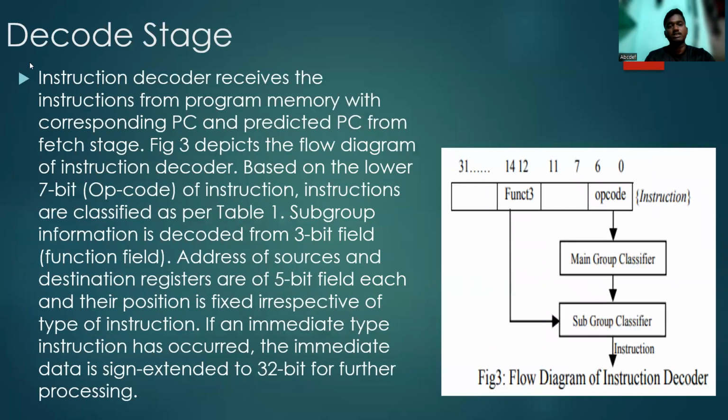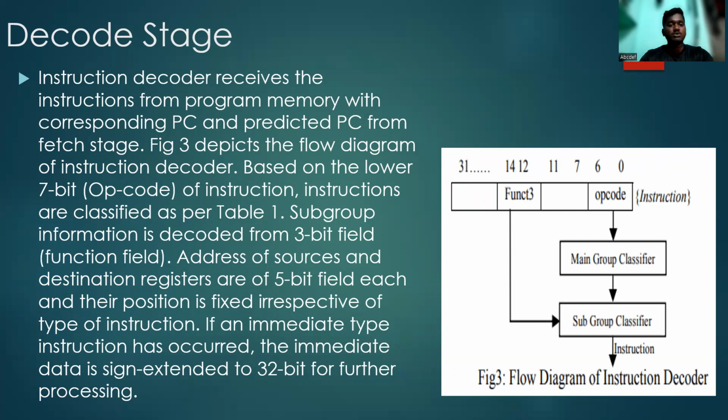The next one is the decode stage. In this, the instruction decoder receives the instruction from program memory with the corresponding PC and predicts from the fetch stage. The flow diagram of the instruction decoder is based on the lower 7-bit opcode of the instruction. Instructions are classified as per the table.